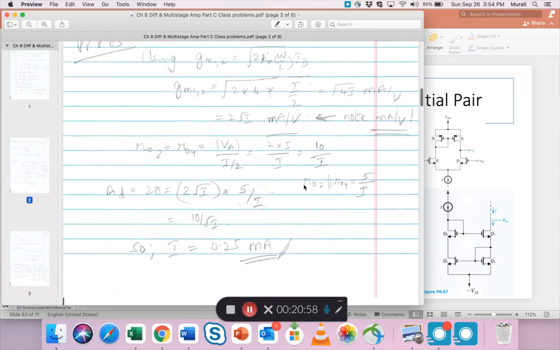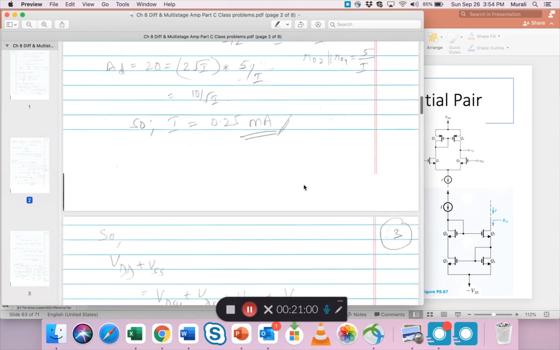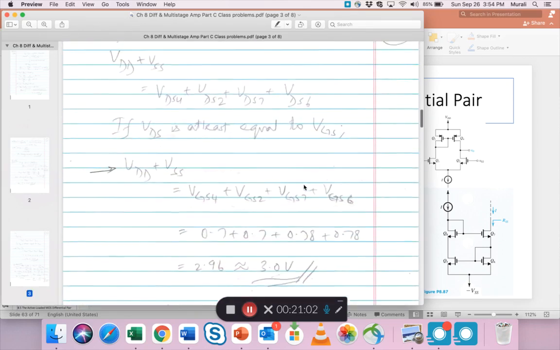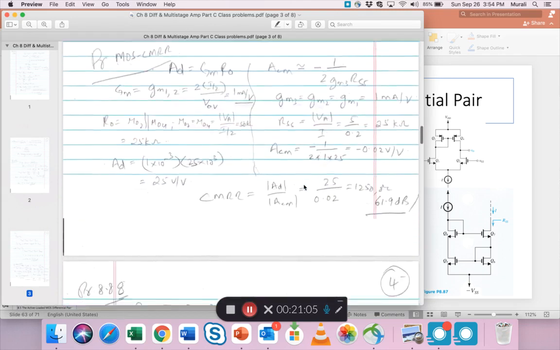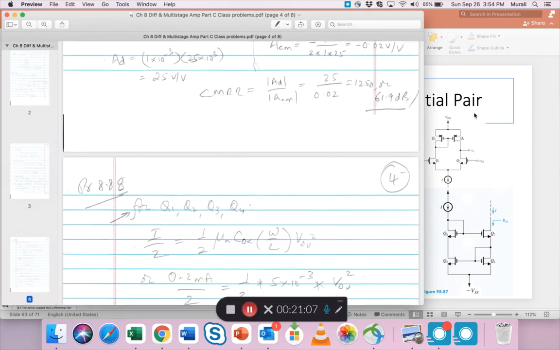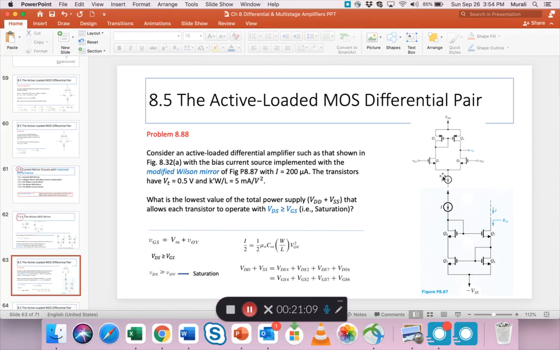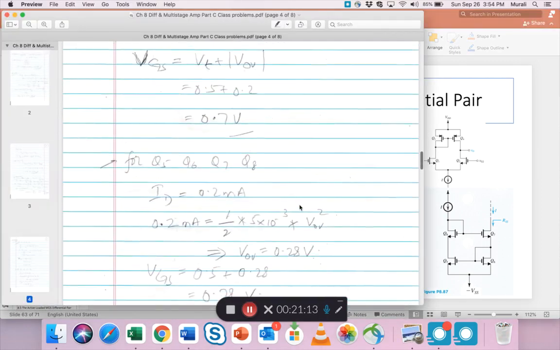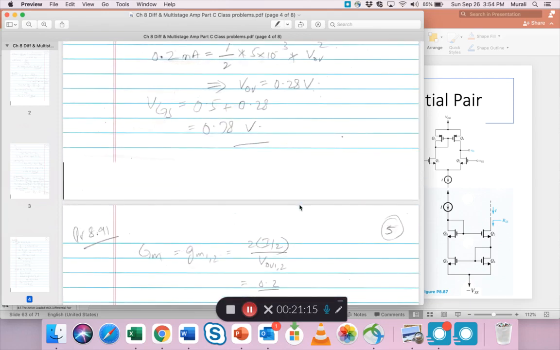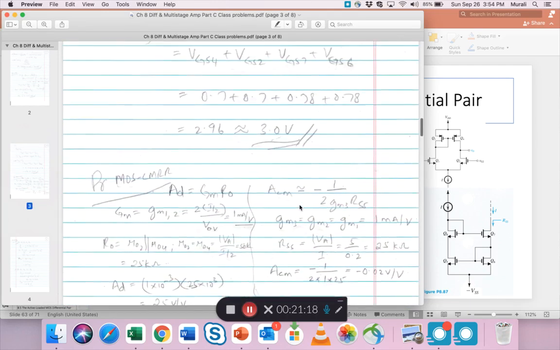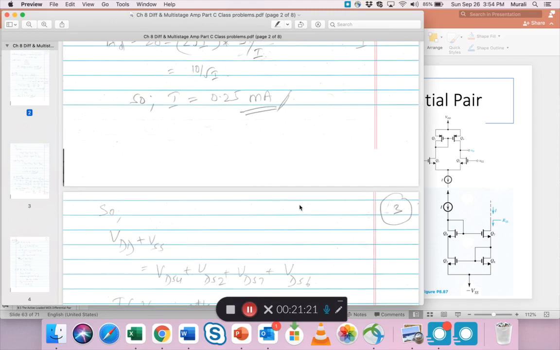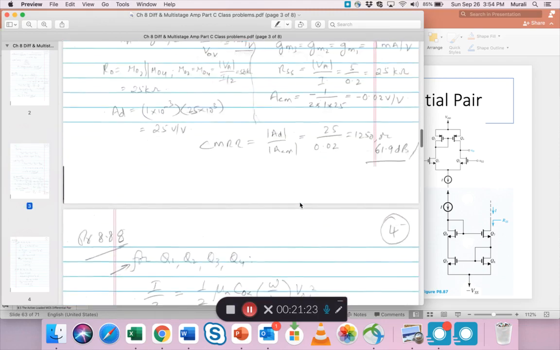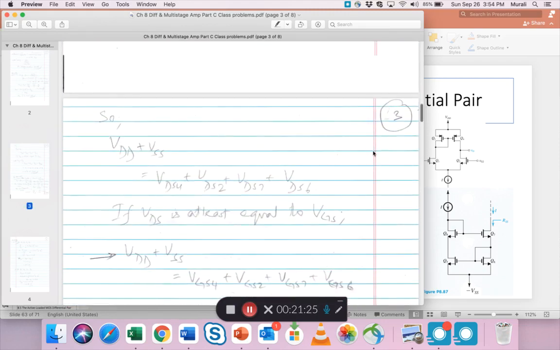So let's look at, oops, did I miss something? Problem 4.88. Yeah, I think I may have reversed pages 3 and 4. So I apologize.